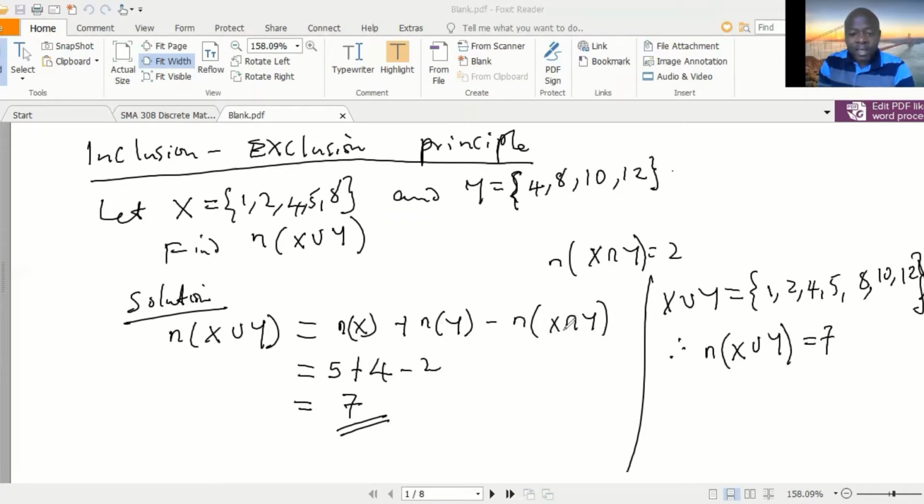This is done so as to avoid counting the elements twice, because you can see that 4 and 8 have been counted here and have also been counted here. So we remove them so that we count 4 and 8 just once. That is what the inclusion principle says for two sets.